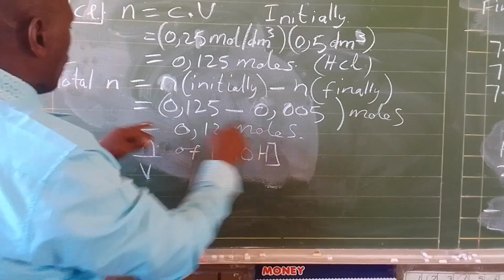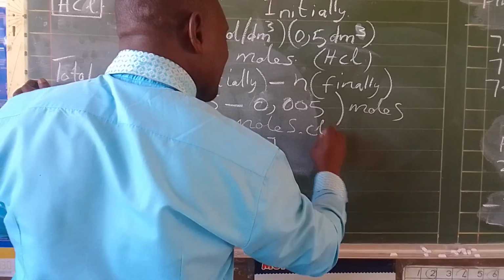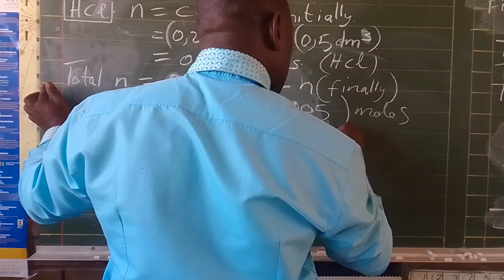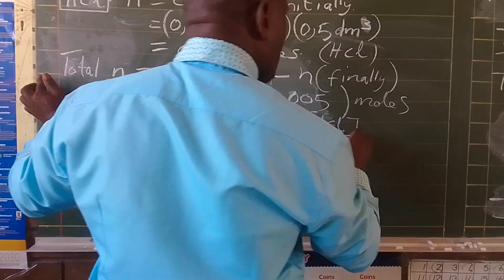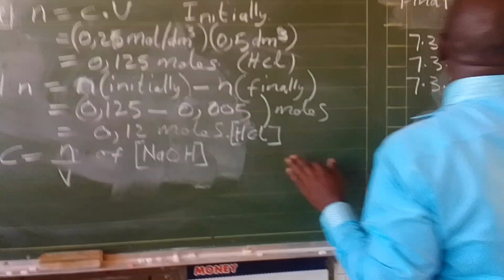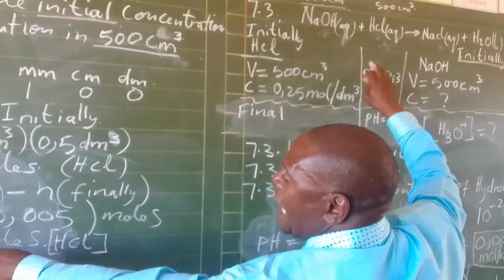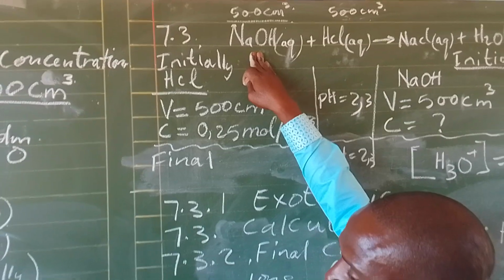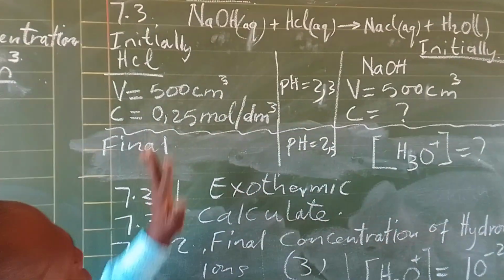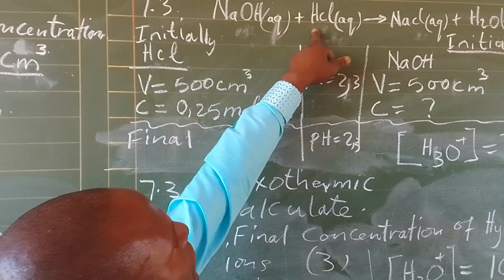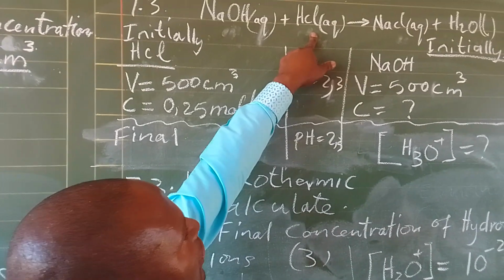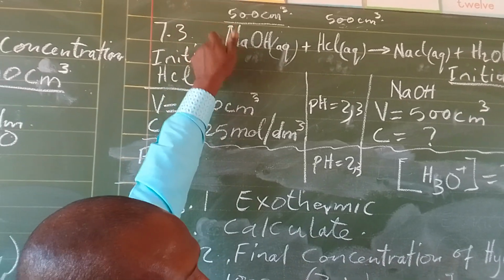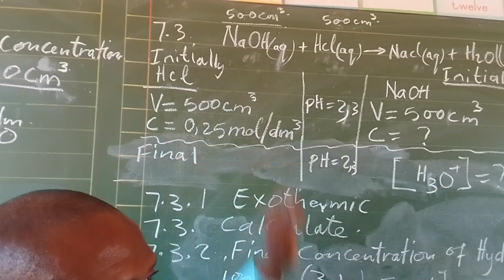0,12 moles of hydrochloric acid is going to react with 0,12 moles of sodium hydroxide. If you understand that, 0,12 moles of hydrochloric acid must react with 0,12 moles of sodium hydroxide.